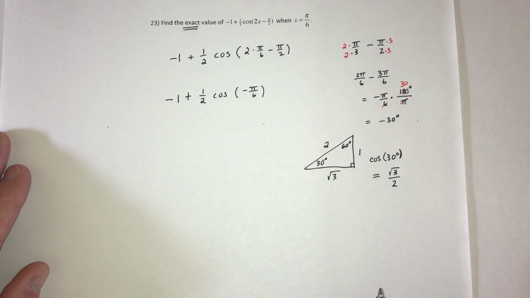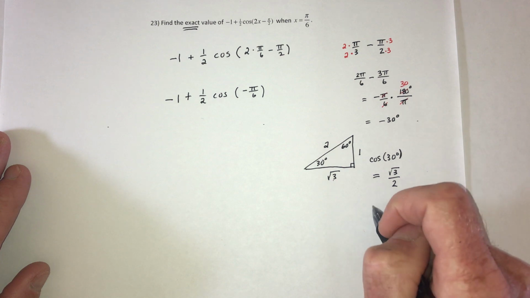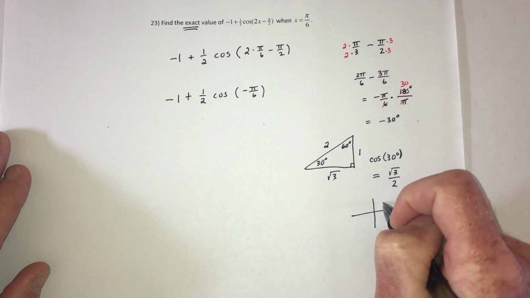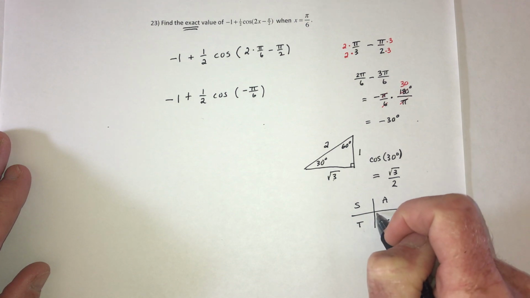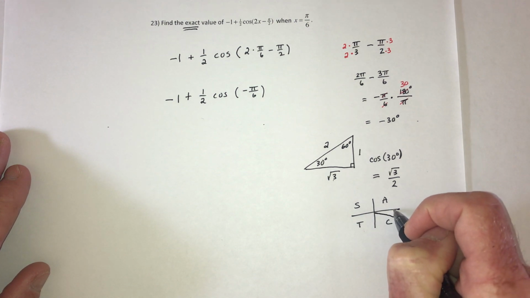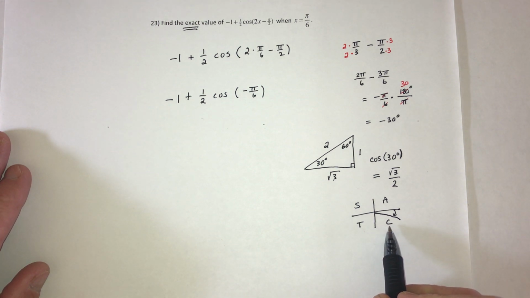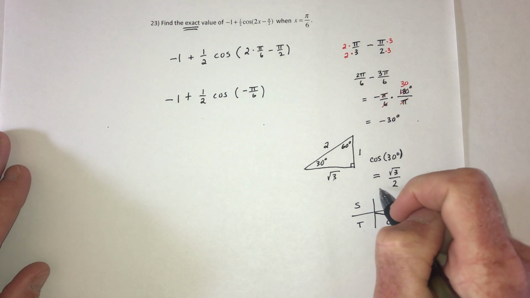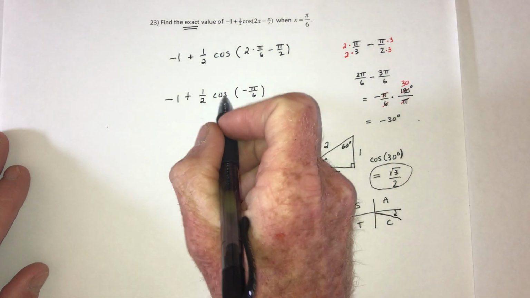So it's going to be the square root of 3 over 2. Now pay attention to the negative part. In a unit circle, -30 degrees would be going this direction, which means we're in this quadrant. In that case, cosine is positive. So this is correct.